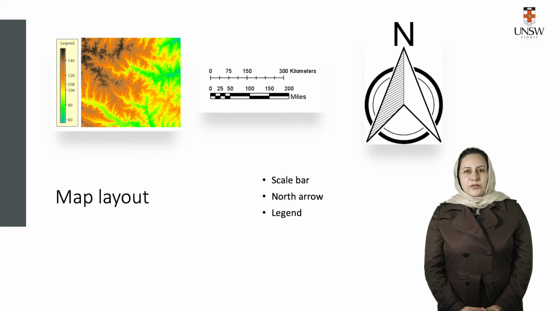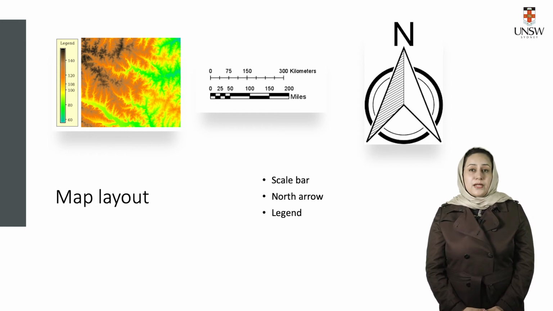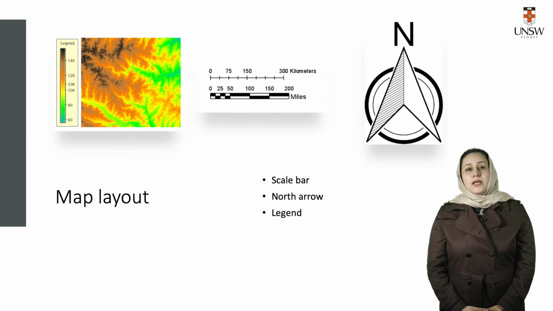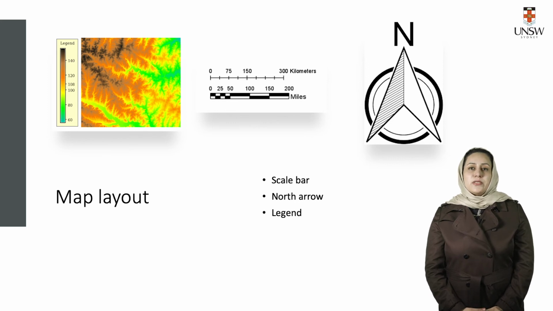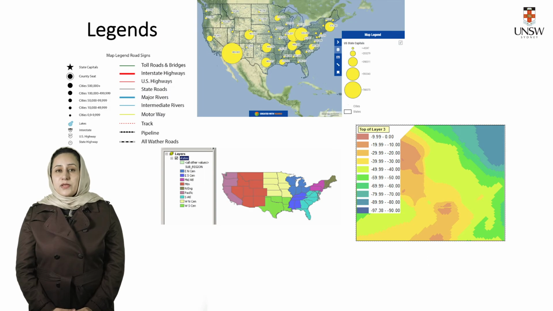Now, let's talk about map layout. Do you remember that you made layouts last week in the tutorial? You added items such as a legend, a scale bar, and a north arrow to your map, and all these items are known as the map layout design elements of a map. Now we are going to learn more about these elements. There are different types of legends.